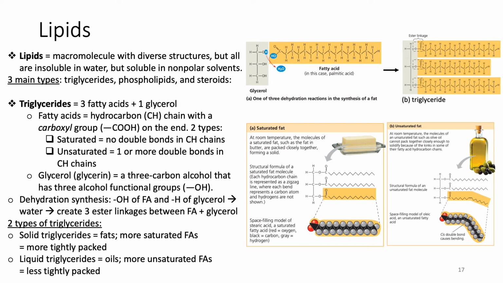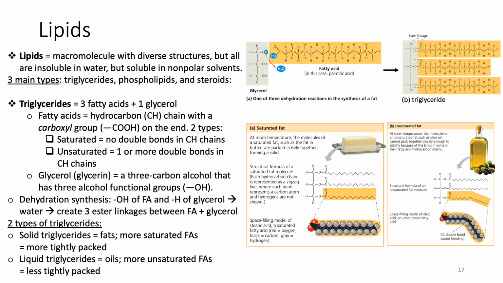Lipids are varied in form and function, but we will focus on the most biologically important ones, including triglycerides, phospholipids, and steroids. A triglyceride is constructed from two kinds of smaller molecules, glycerol and fatty acids. Glycerol is an alcohol. Each of its 3 carbons has a hydroxyl group.